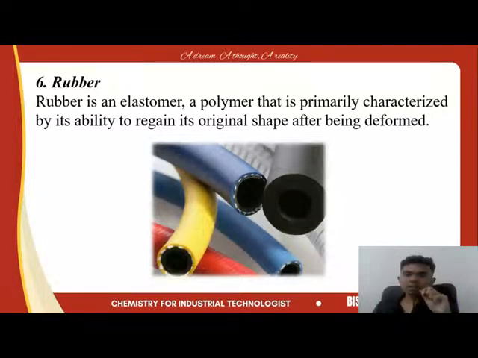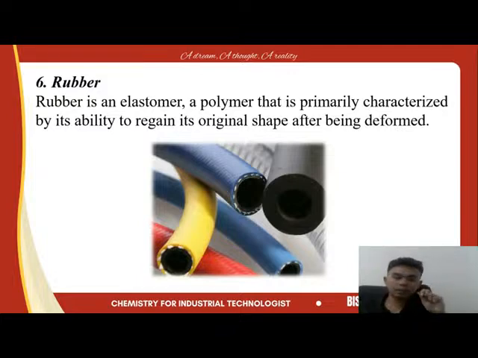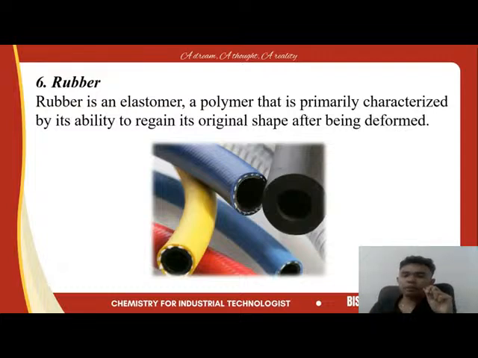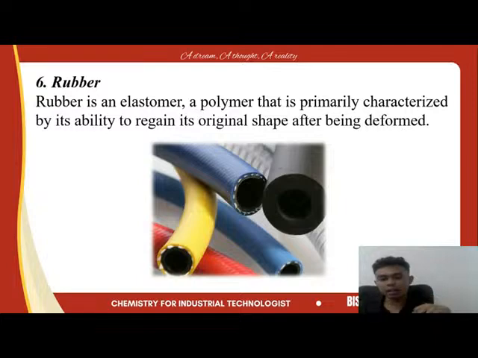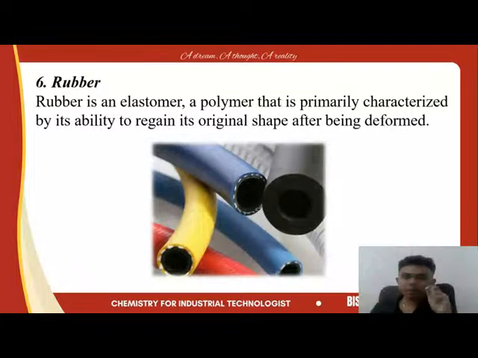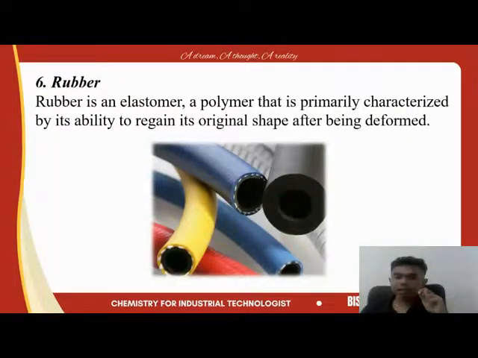There are many different kinds of rubbers, but they all fall into two broad types. So naay duha ka broad nga types of rubbers. We have the natural rubber and the synthetic rubbers. Okay, so natural rubbers are harvested mainly in the form of latex from the rubber tree with the scientific name Hevea brasiliensis or other plants.